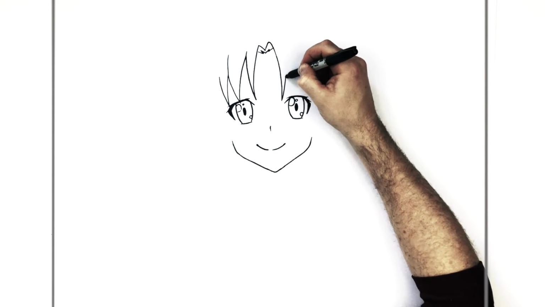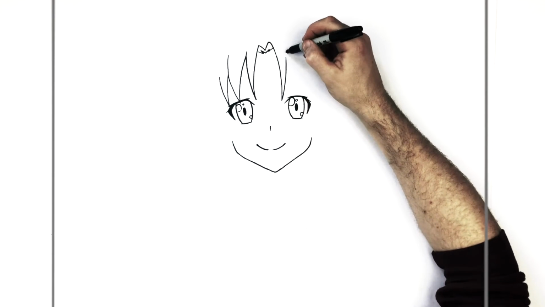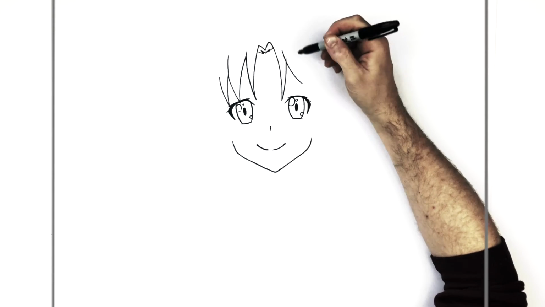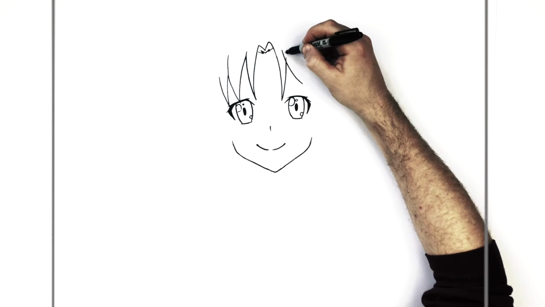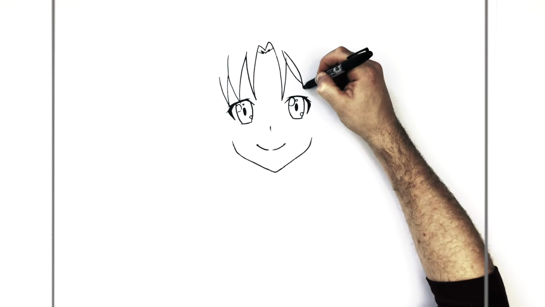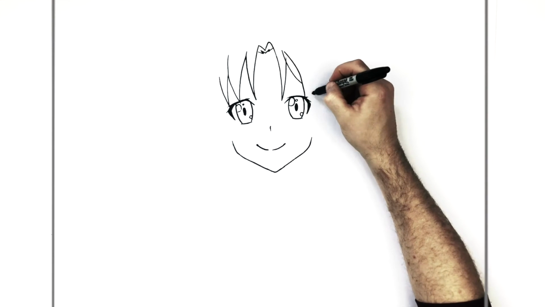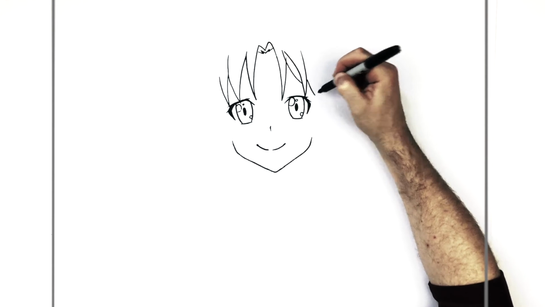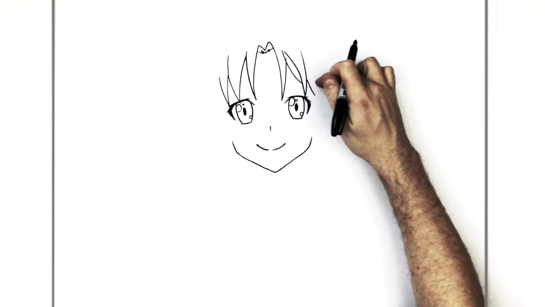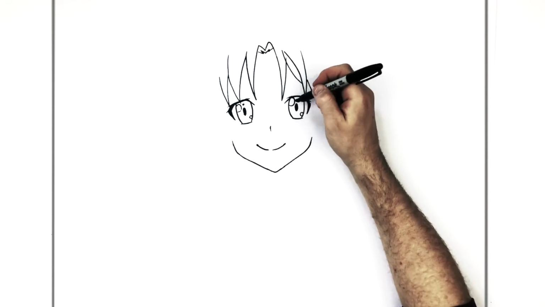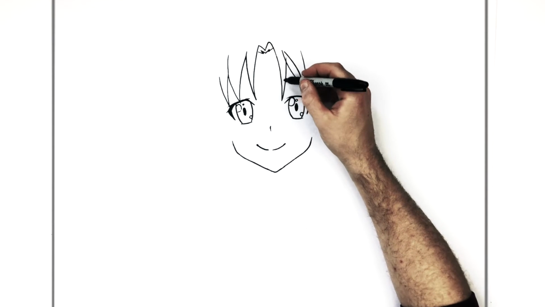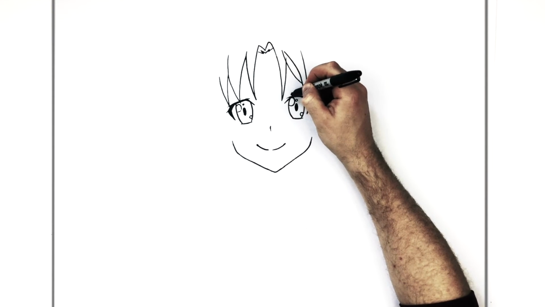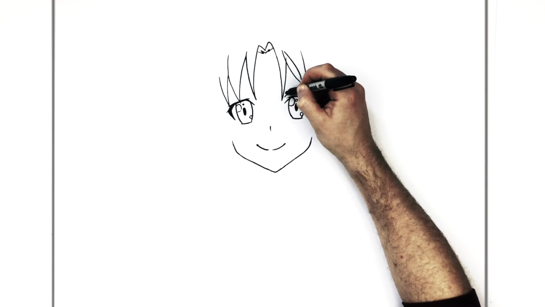So we go up, back in, down, back up, to there. And then we can add our eyebrows, what we can see of our eyebrows, and sort of eyelid lines in between, right? So we've got some eyelid lines just here.